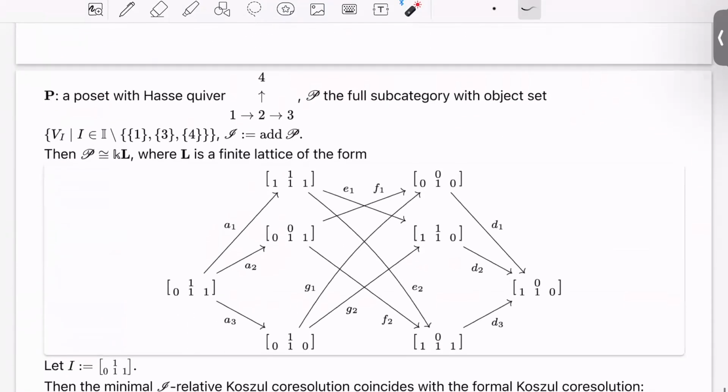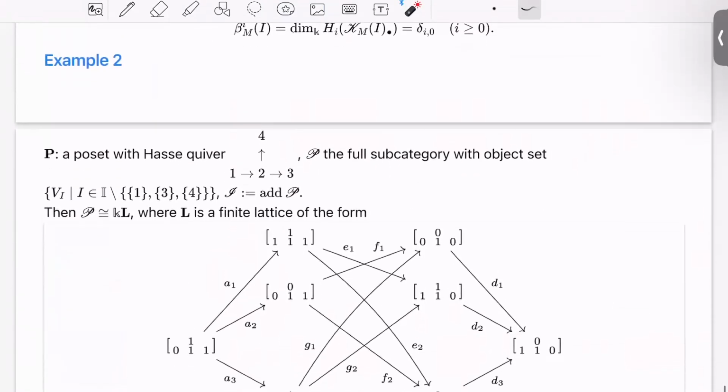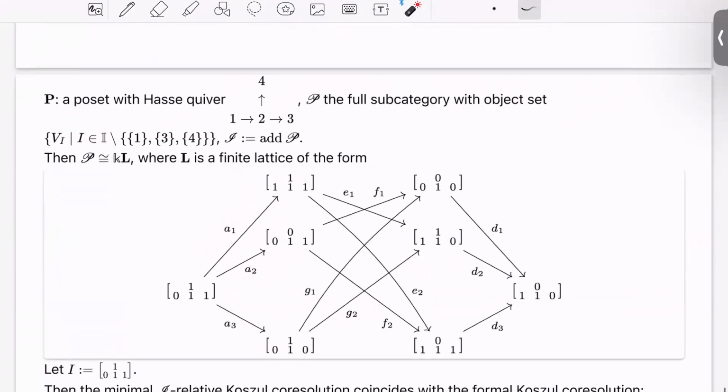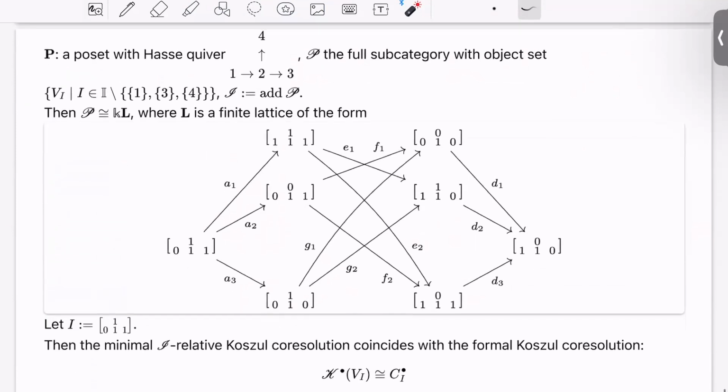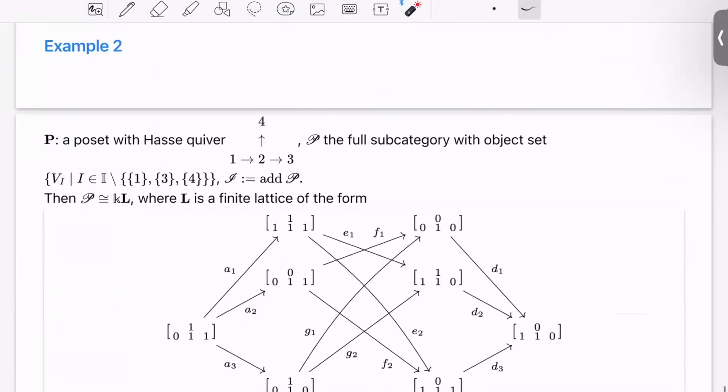And finally, if we come back to the lower lattice case, then our construction gives the same Koszul complex as before. So this is an example of a D4 case. Take V_i to be an indecomposable module over this quiver algebra without simple modules 1, 3, 4.